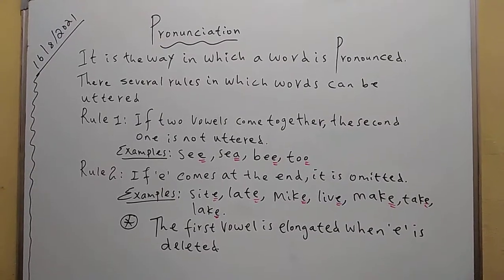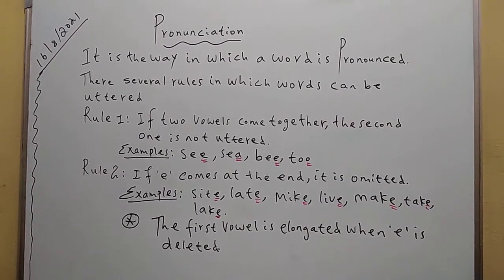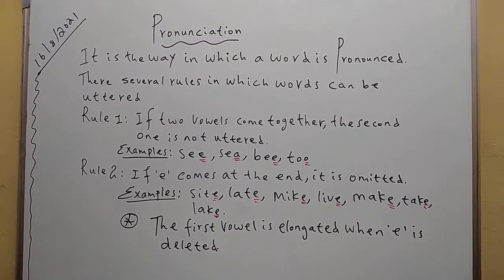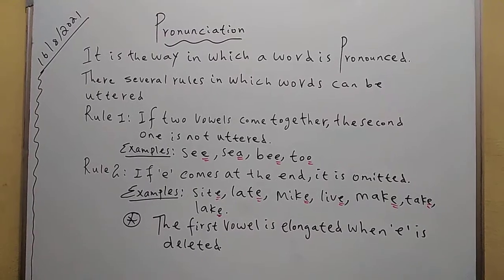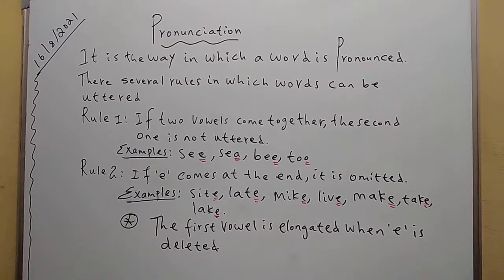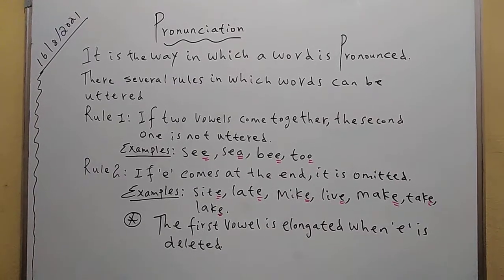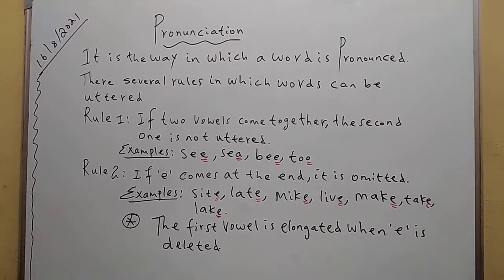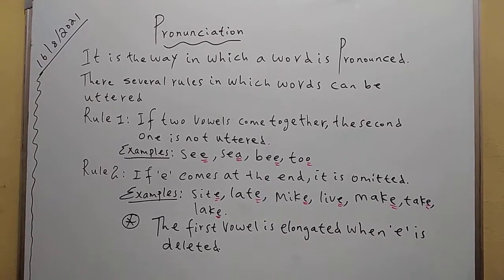Well, rule number 2 says if E, the unstressed E, which is the one which is not normally pronounced, comes at the end of a word, as you can see, it is omitted, right? No need to pronounce or utter it, it is silent.